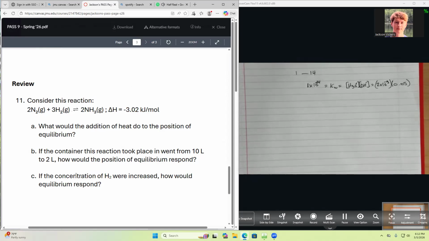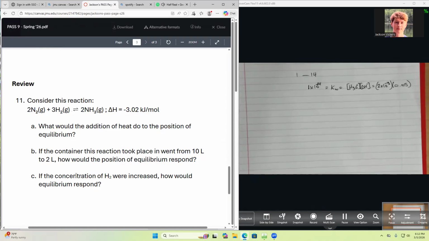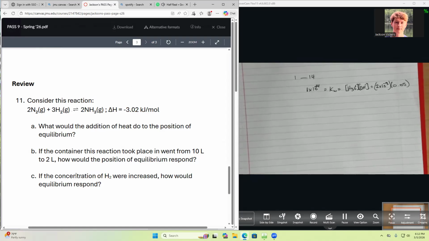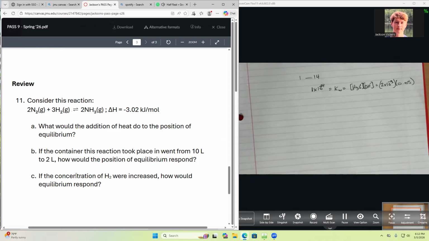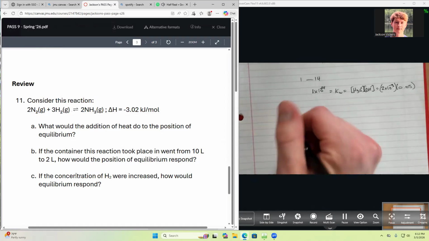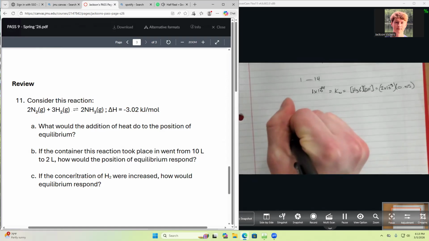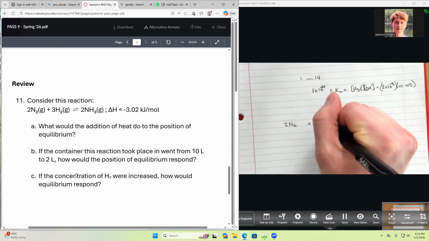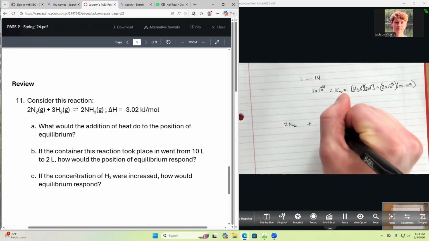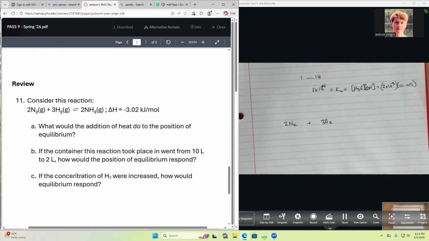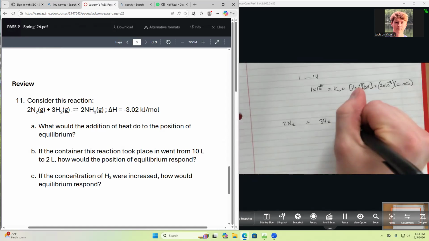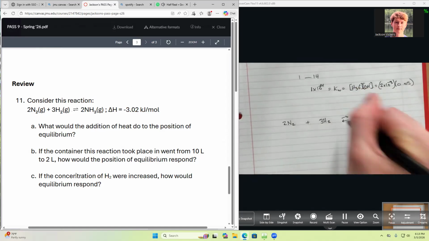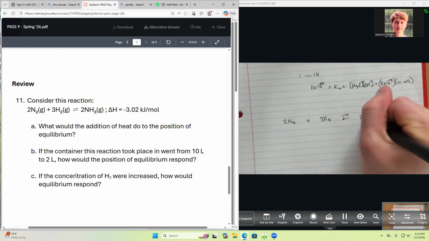So we have N2 plus 3H2 going to form 2NH3. Key detail here is that we are at equilibrium, shown by those equilibrium arrows. And then also, something else I would immediately look at when I see one of these types of problems is that all things in this problem are in the gas phase. That sometimes comes up to matter.